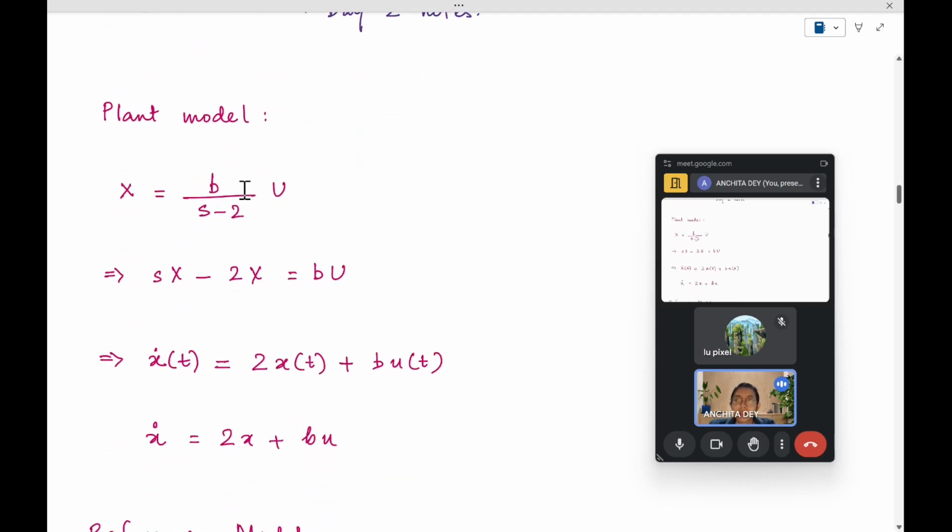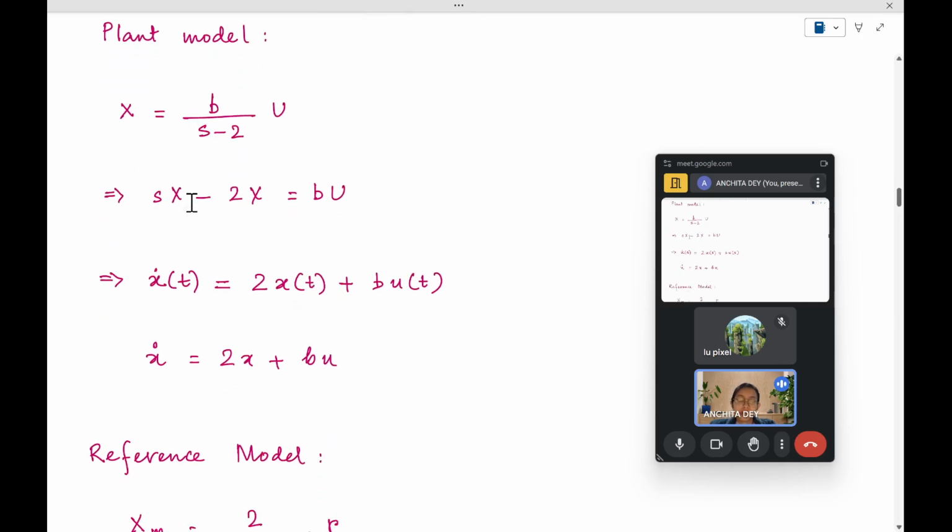So we are given a plant model, which is x = b/(s - 2) times u. If I do multiplication here, then we have sx - 2x = bu.